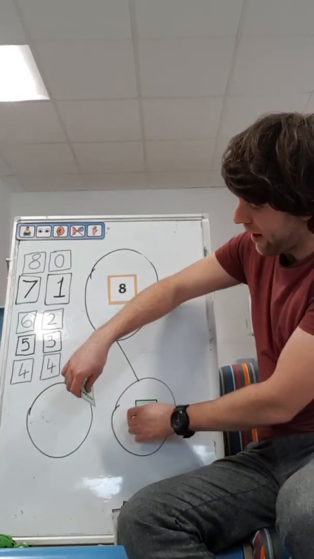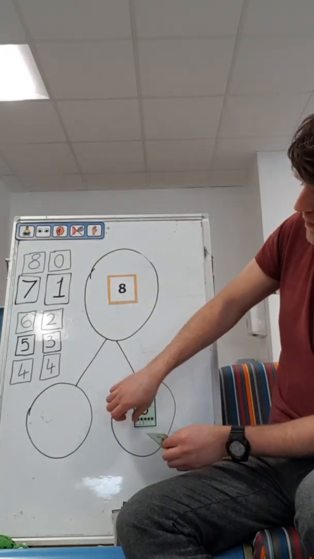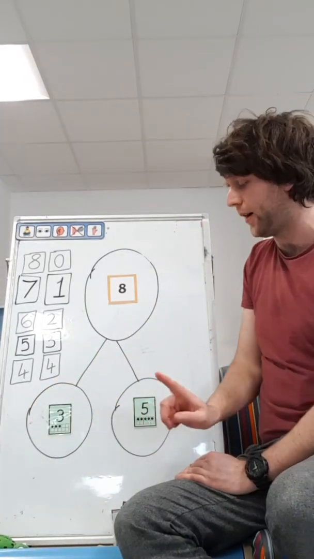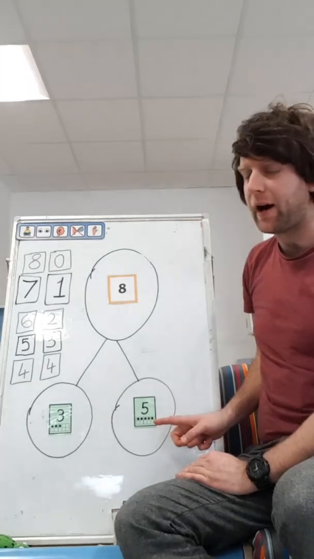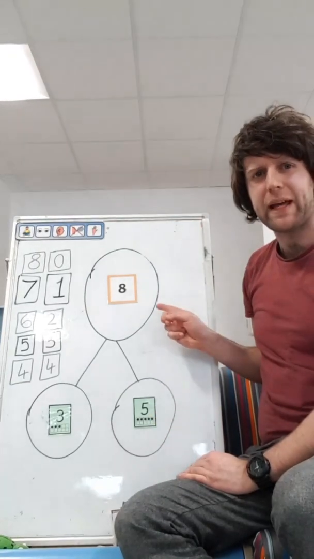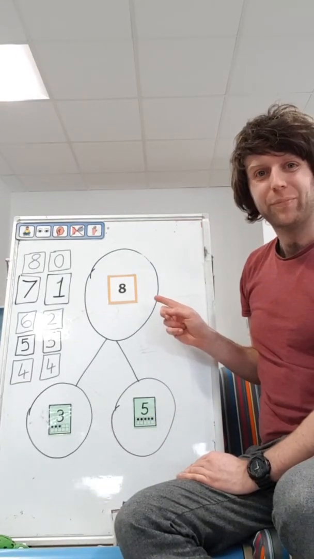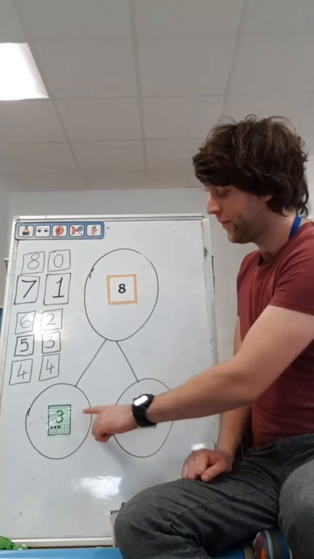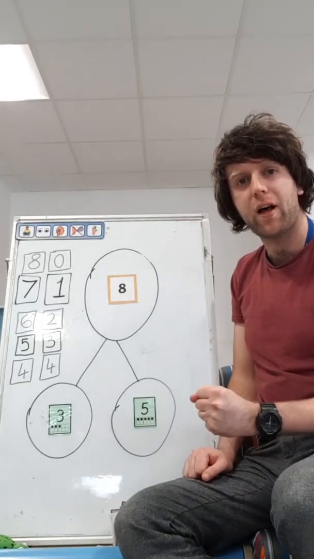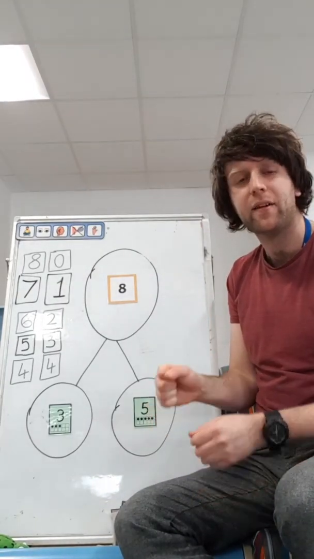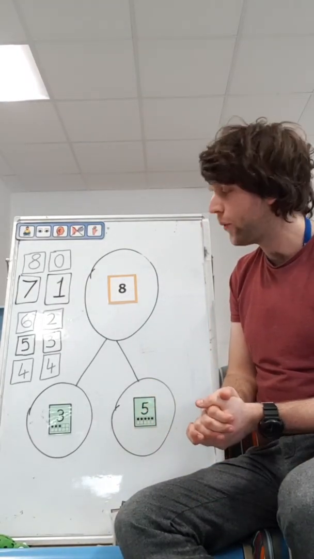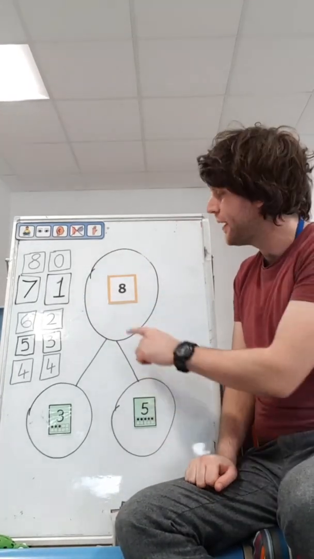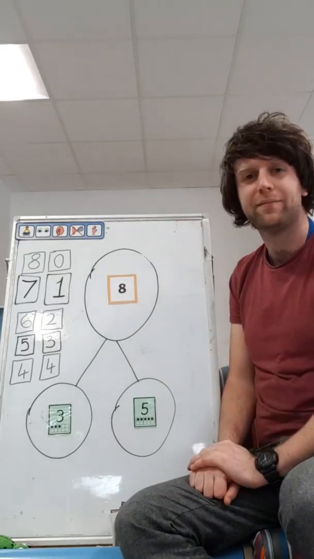So if we move these round, and we have 3 as the first part, and then we add 5, do we still have 8? We do. We still have 8. When we're adding numbers together, it doesn't matter which number comes first, which number comes next, which number comes last. We will always get the same answer. It will always be the same amount.